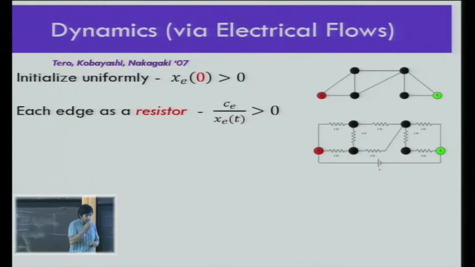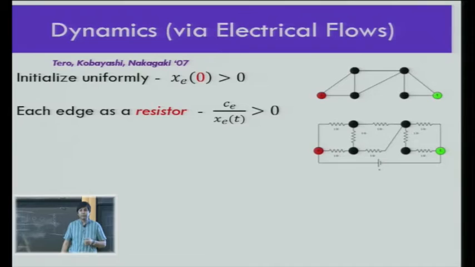Now each edge, once you have these x's, could be thought of as a resistor whose resistance was the cost of the edge divided by the x value. Okay. So for it to make sense as an electrical network, we would want this number to be positive.